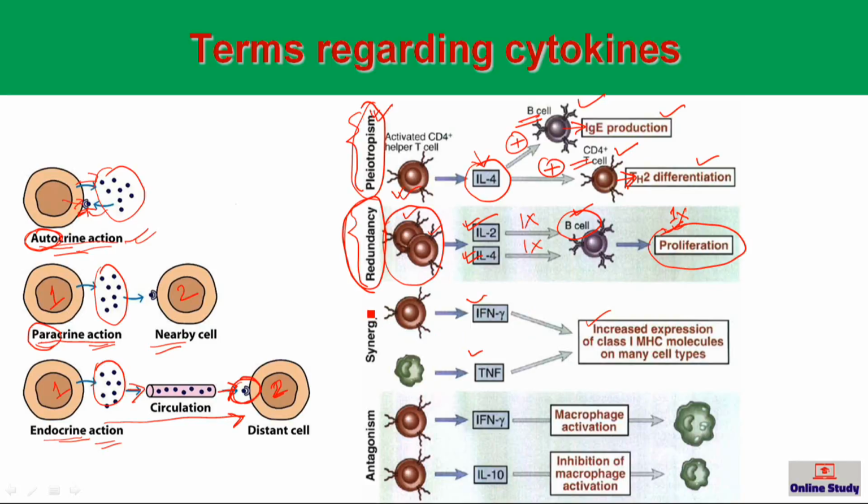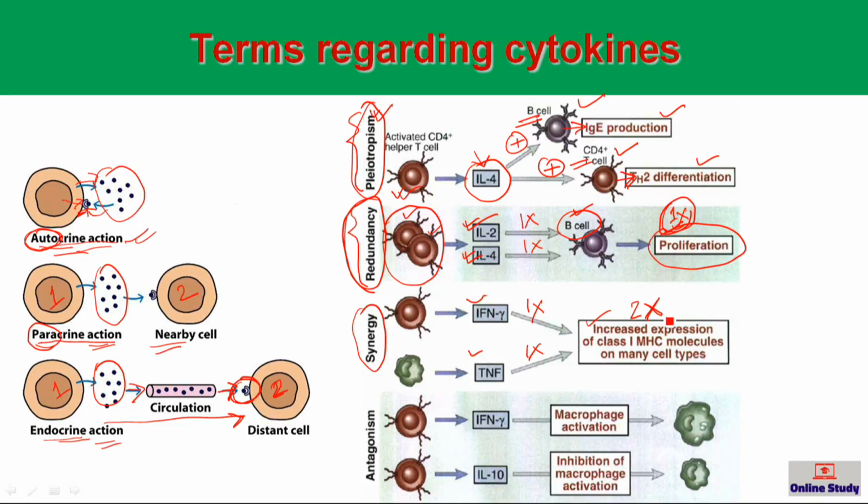This is very different from redundancy, because in redundancy, two cytokines give a similar type of reaction or action, and the effect is not additive. But in synergy, the total effect will be increased by twofold.